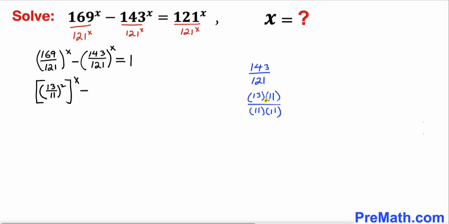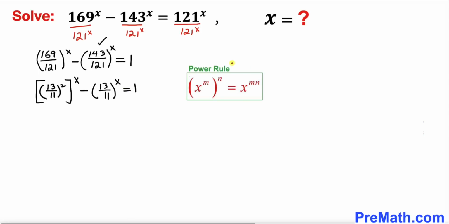And now we can cancel out 11, so we end up with 13 divided by 11. So I'm going to replace this second term by (13/11)^x equals 1 on the right hand side.